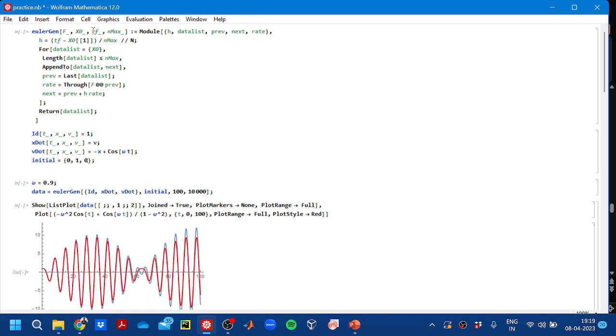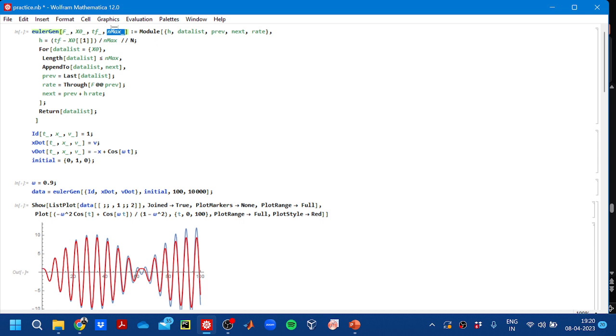And this tf is basically the final time, or the time up to which we want to see the dynamics of position and velocity, like how they change. And this is the number of points in time. What we are doing is discretizing the whole time range, so this is how many points there will be.